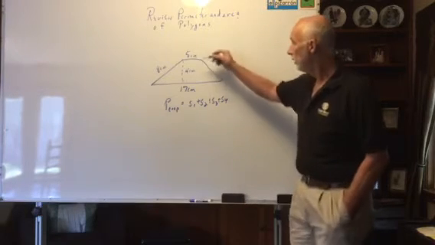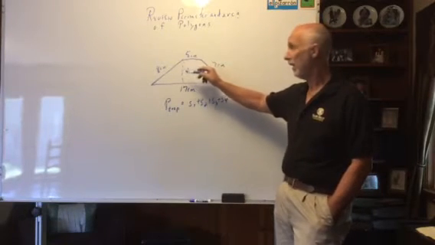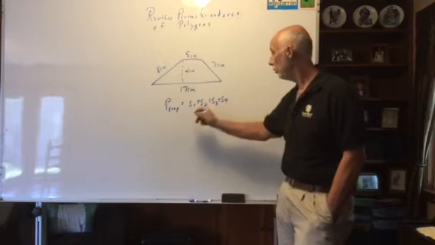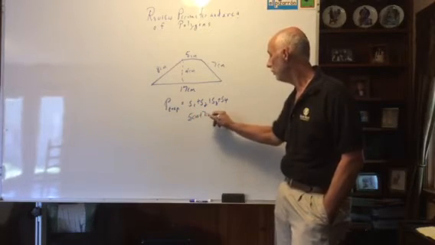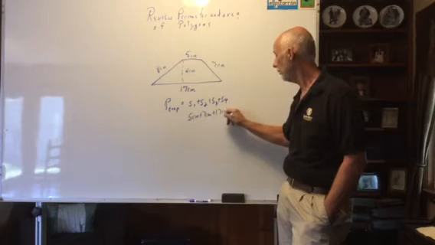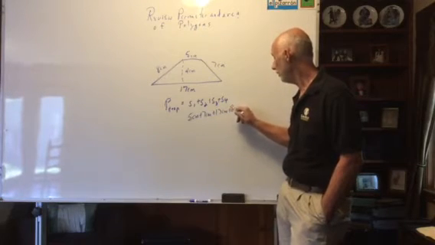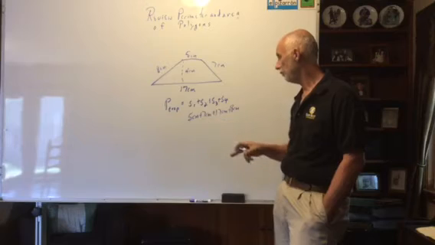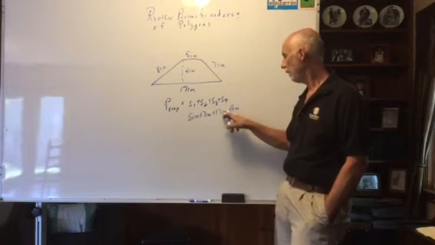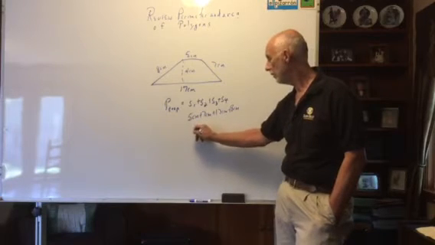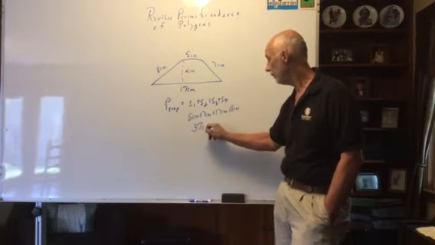But remember, the 4 centimeters is not a side, so don't include that. So you can go with 5 centimeters plus 7 centimeters plus 17 centimeters plus 8 centimeters. And 5 and 7 is 12. 12 plus 17 is 29. 29 plus 8 is 37 centimeters.